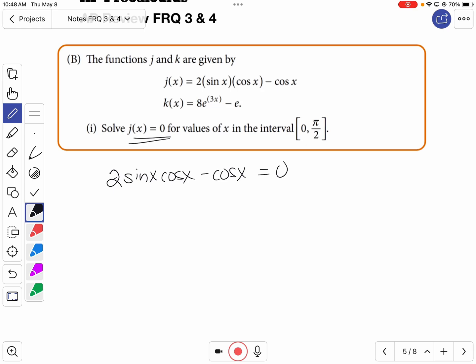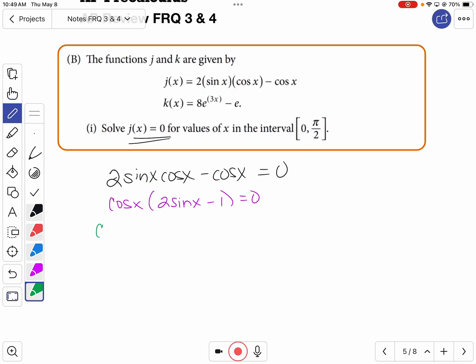On this trig equation, what might be a good thing to do first? Well, I can't really get rid of them, but I can factor them out. There's a cosine in each one, so let's factor it out. So I get cosine x times 2 sine x minus 1. If I have a product there, I can use the zero product property, which is nice.